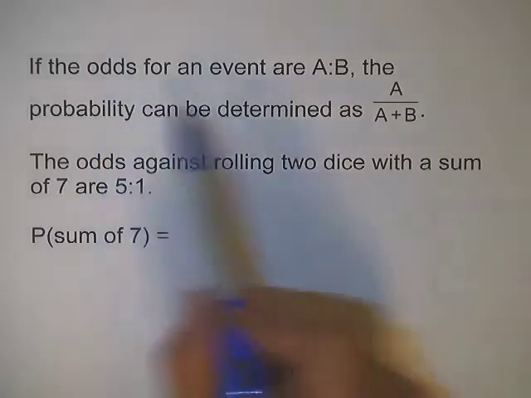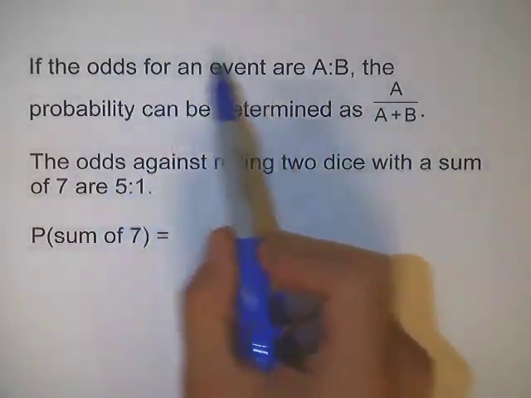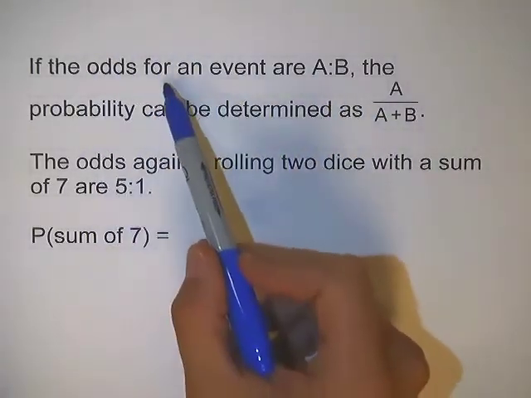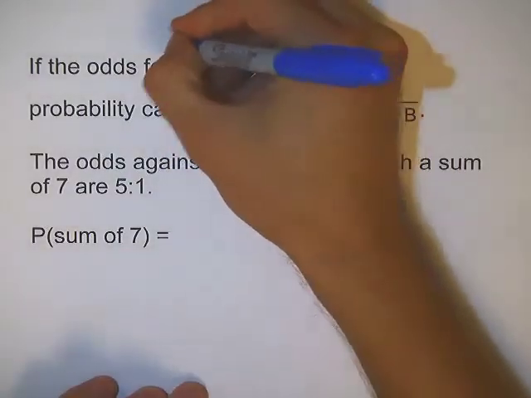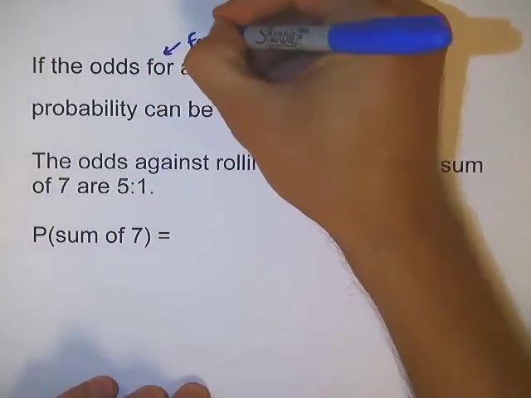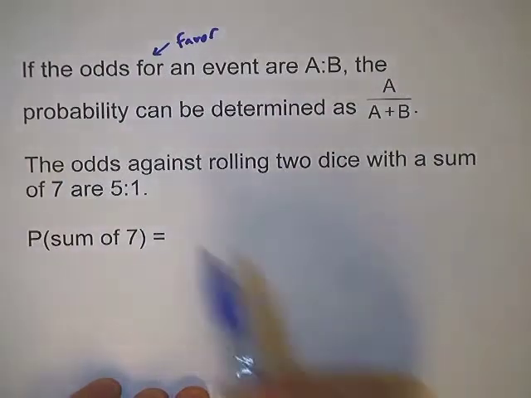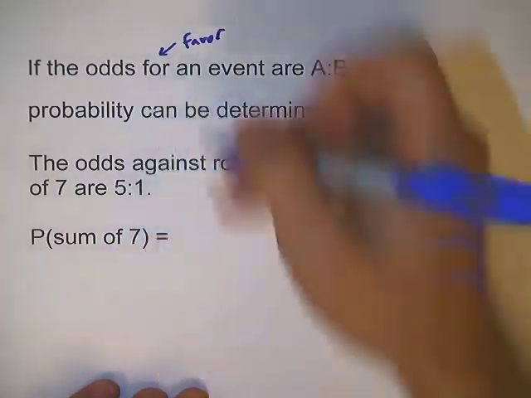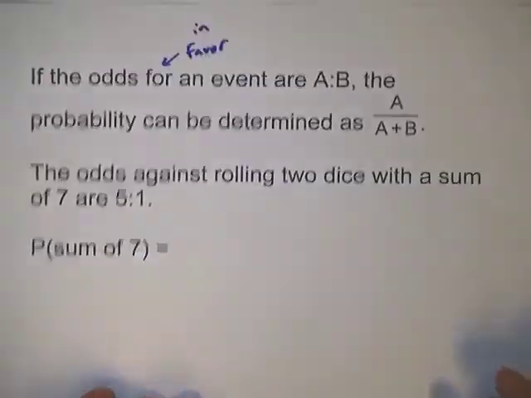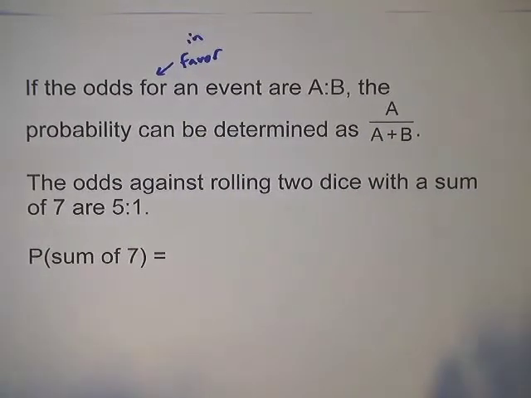This formula is for odds for an event, or odds in favor of an event. You'll see it both ways, odds for or odds in favor; those are both used interchangeably.